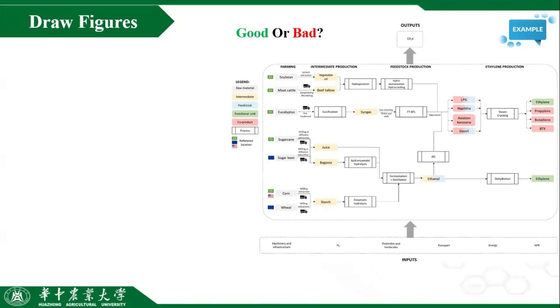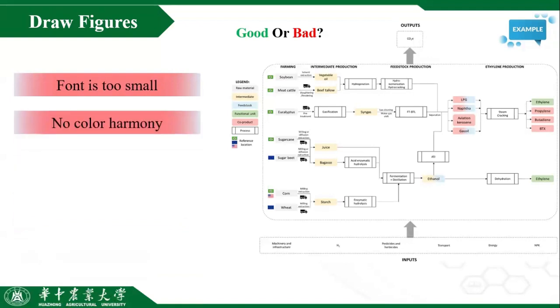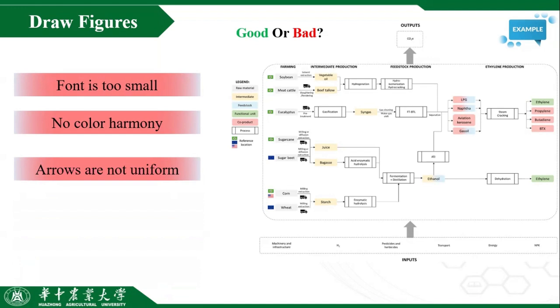Yeah, hard to see. Right? Font is too small. No color harmony. What do you think about arrows? They even use some arrows and they are not uniform.